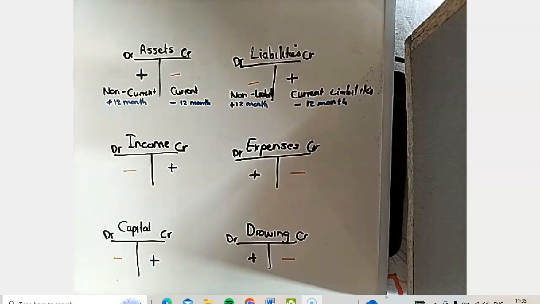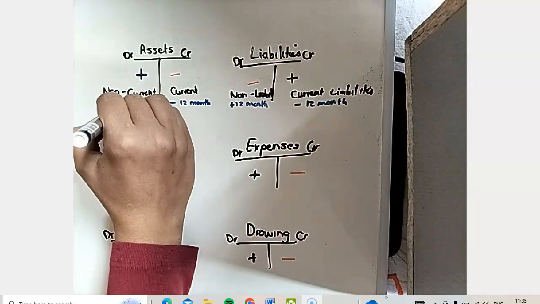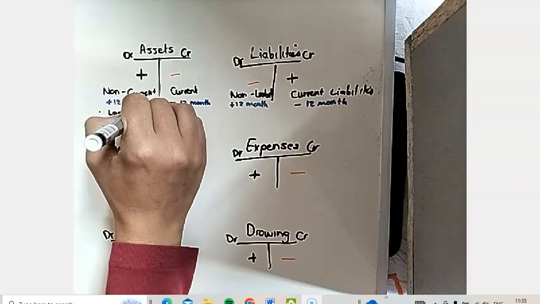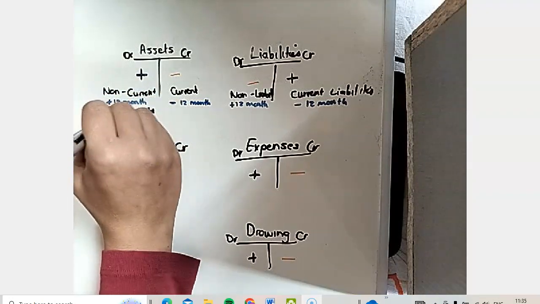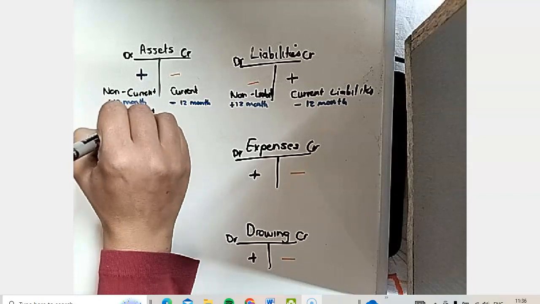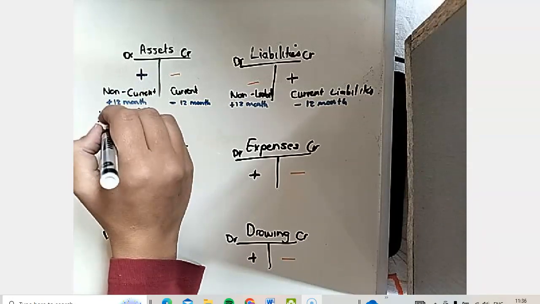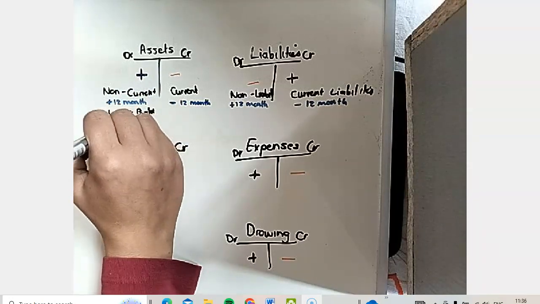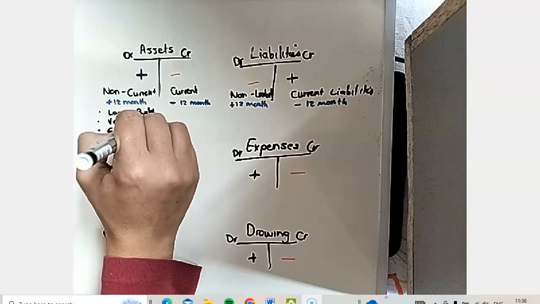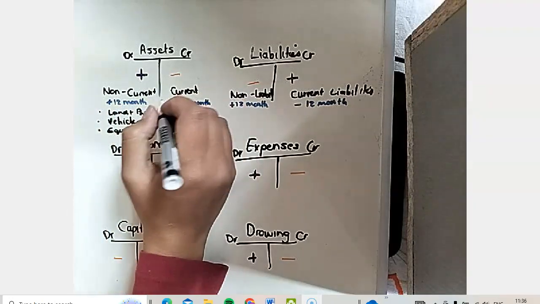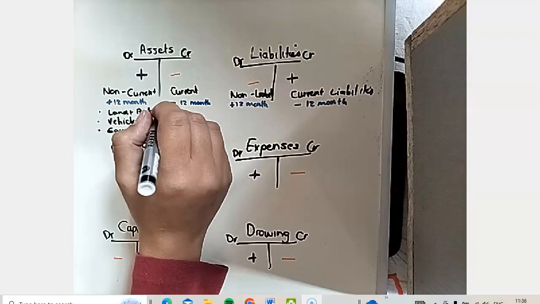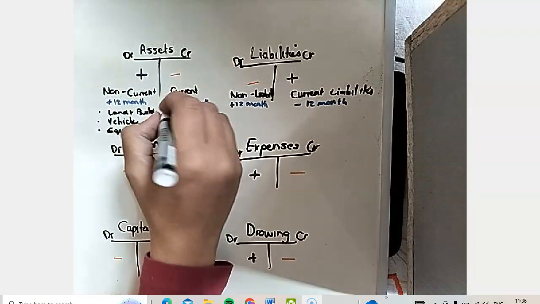Okay. So non-current assets, if we go back, will be like land and buildings, vehicles, equipment, and then your fixed deposit will be a financial asset, so it will be a separate one.